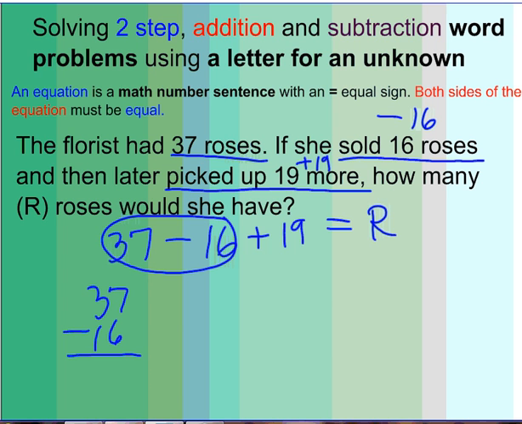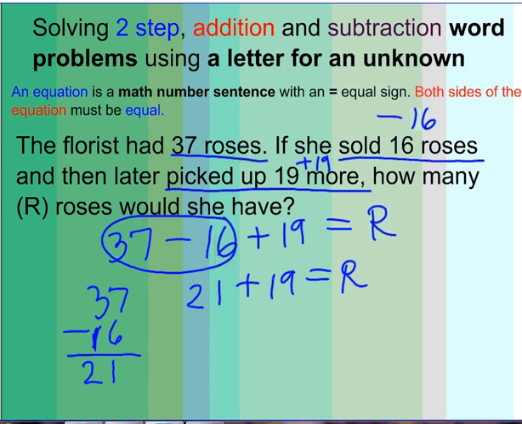I can use partial differences, or here I'm looking at my problem and I do not need to regroup. 7 ones take away 6 ones is 1. 30 take away 10 is 20. So I have 21. But then I have the 21 now plus 19 equals R.